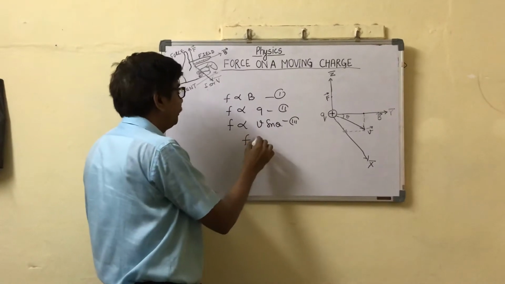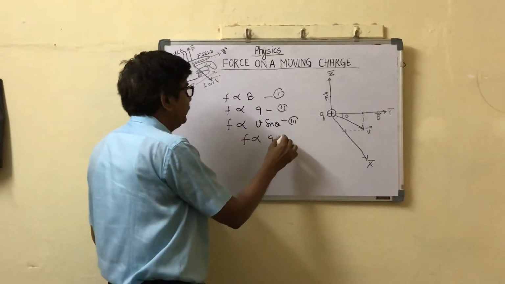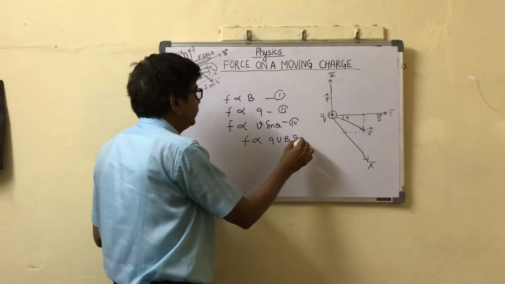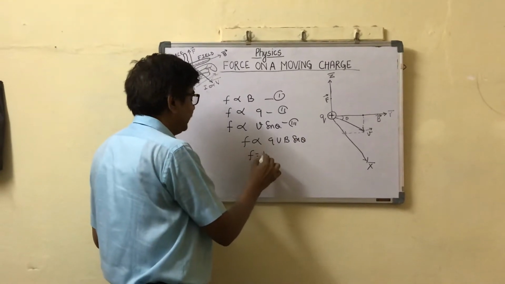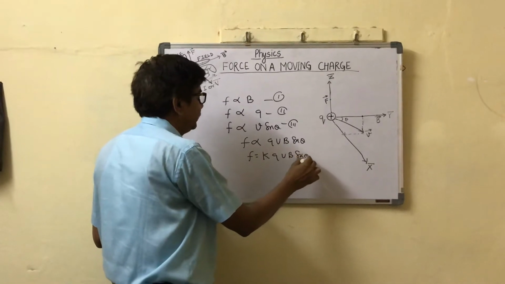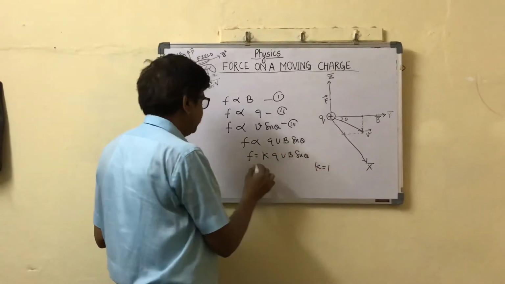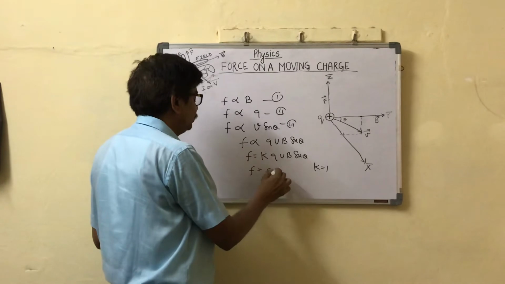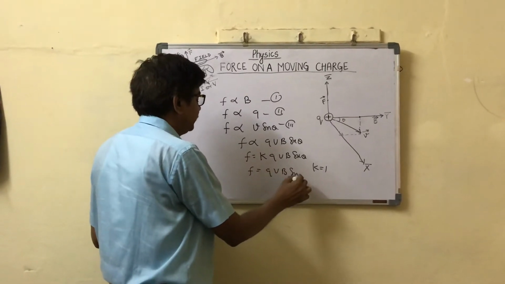So F is proportional to QVB sin theta, and F equals K QVB sin theta, where K is a constant, that is 1. So F is equal to QVB sin theta.